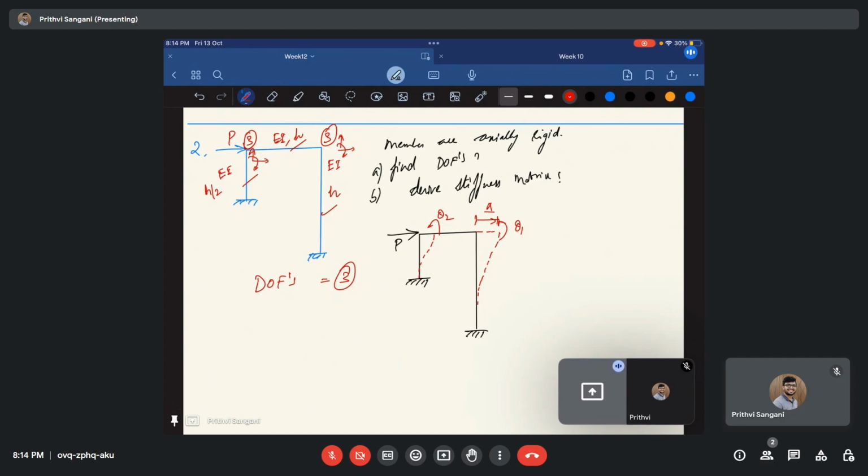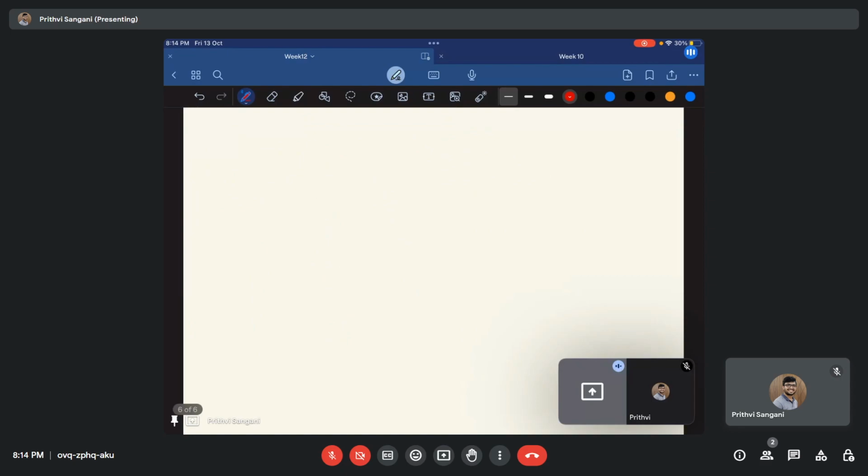That means what is the size of the stiffness matrix? The stiffness matrix is 3 by 3. Now derive the stiffness matrix: K11, K12, K13, K21, K22, K23, K31, K32, K33.